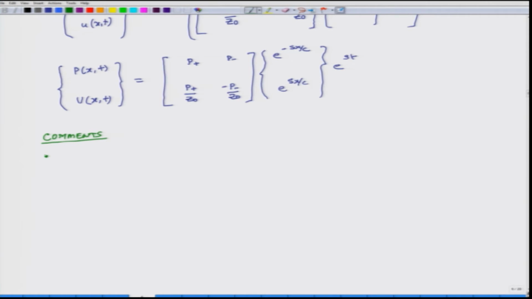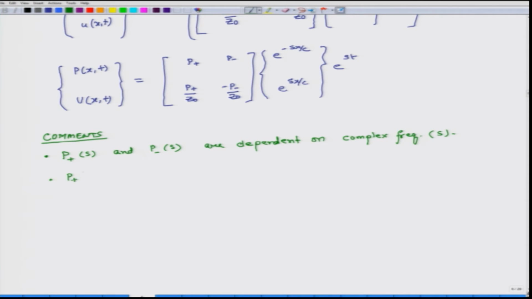First thing, P plus of S and P minus of S are dependent on complex frequency, which is S. So, they can change with complex frequency. Okay. So, for each frequency they have to be evaluated.